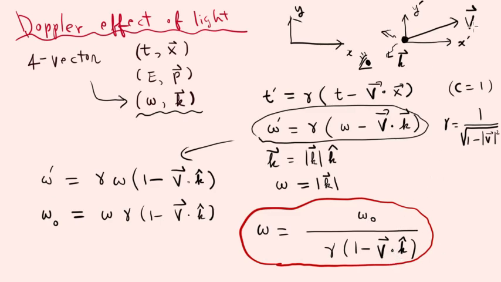And also, when v and k are directed in opposite directions, then this v dot k becomes the negative of the magnitude of v, and that's also in agreement with the derivation that we have given in the previous lecture. In any case, this equation actually is the most general equation for the Doppler effect of light, because it also deals with cases when v and k are not collinear.